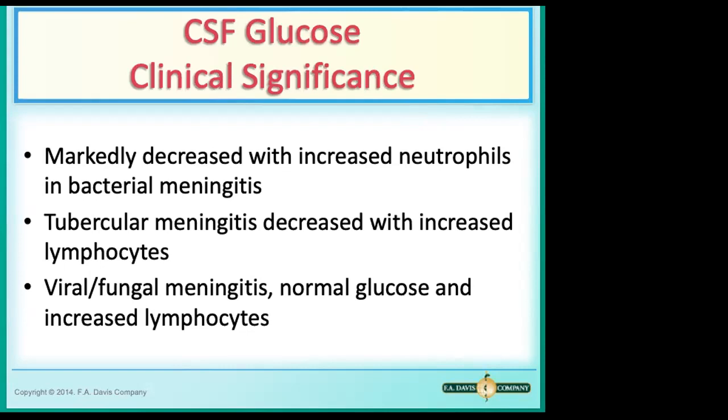If the white blood cells are lymphocytes, then you're thinking more tubercular meningitis. But normal glucose in the CSF with an increased number of lymphocytes would favor viral meningitis. So these are little patterns that we need to follow to get to the right diagnosis.